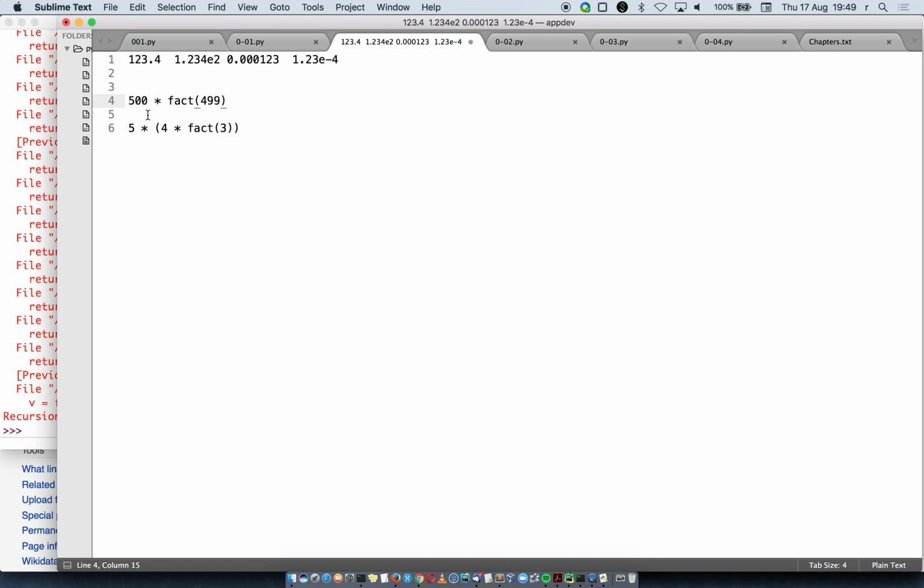If this number is 50,000, this is 49,999, right? You're going to have 49,999 delayed operations, right? This will take storage inside the computer's memory. And at some point, the amount of storage that Python is willing to give you is exhausted, right?